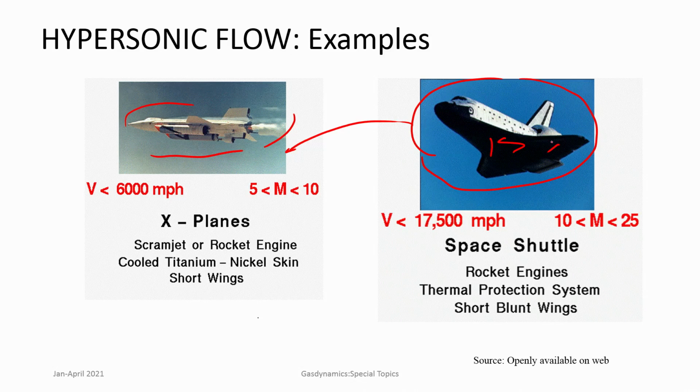This goes through severe heating as it re-enters the Earth's atmosphere. Also significant is that most of the sections are blunt, not sharp. So the design of vehicles that fly in the hypersonic regime and the supersonic regime is completely different.